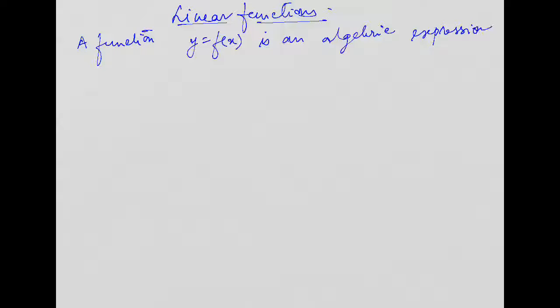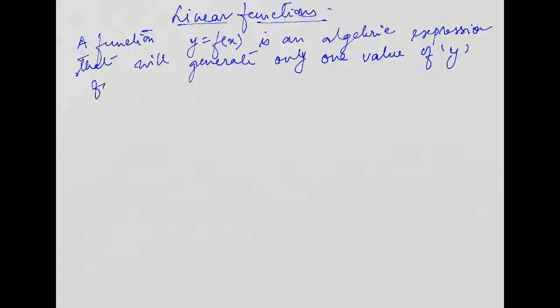The definition of a function is given as: a function y equals f(x) is an algebraic expression that will generate only one value of y for any one value of x.